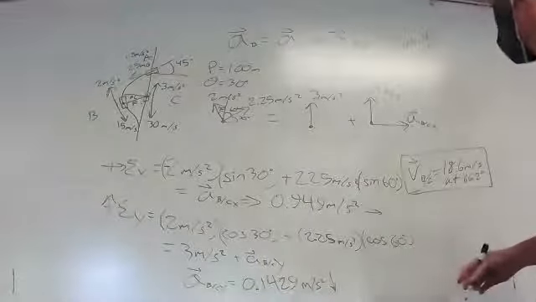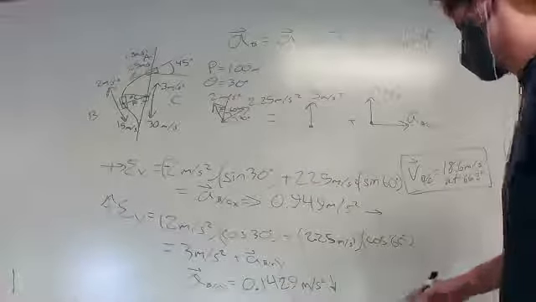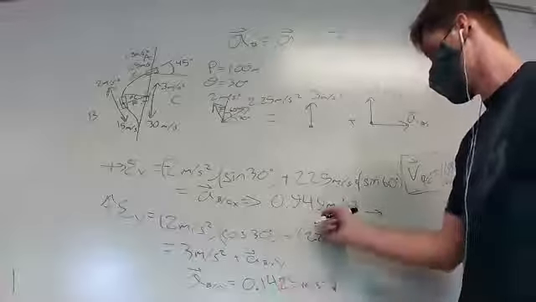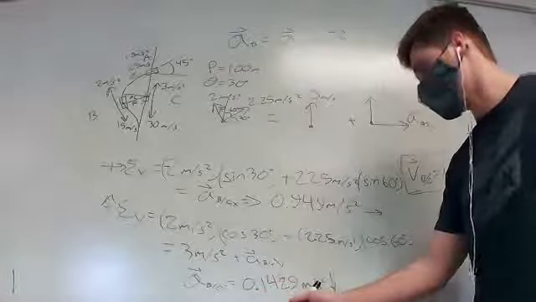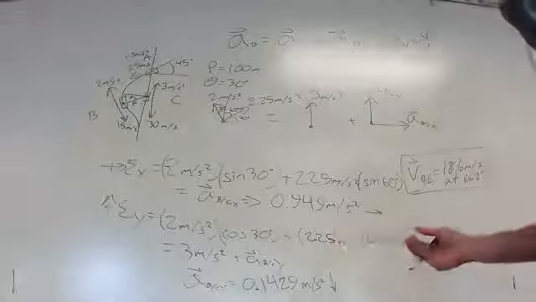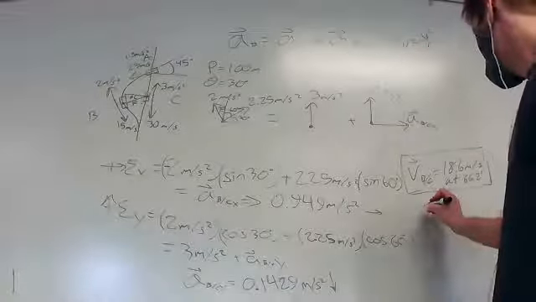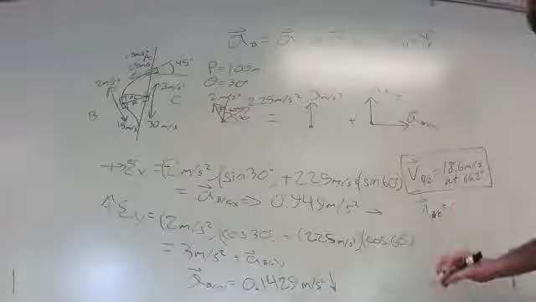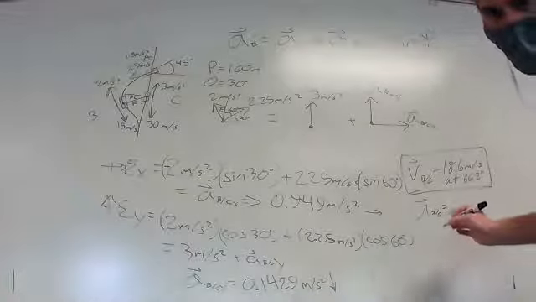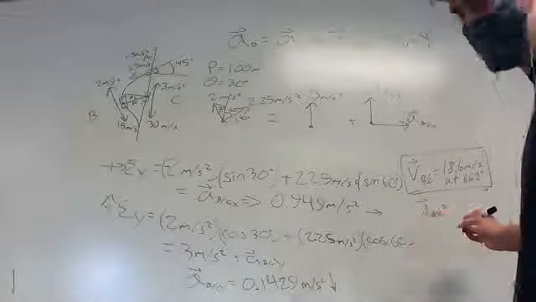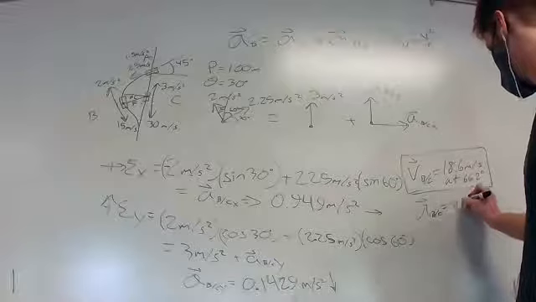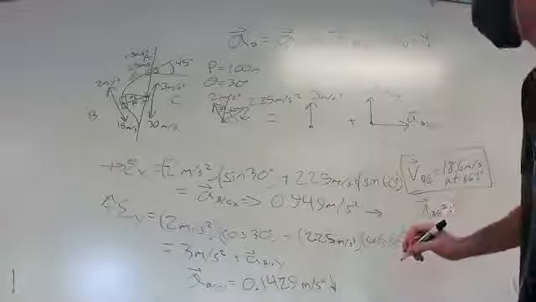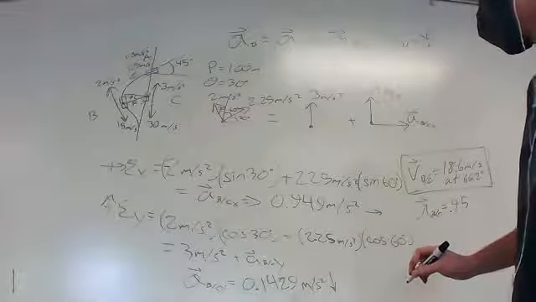So then finally, we find the total acceleration like we did before by taking the square root, and the answer comes out to be 0.959. How do you get 0.14?